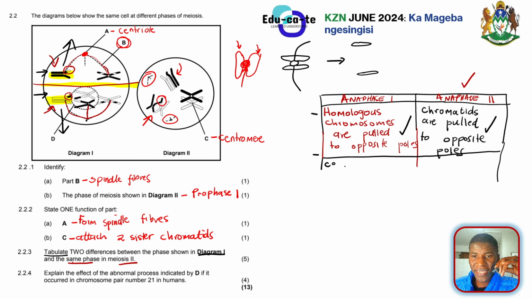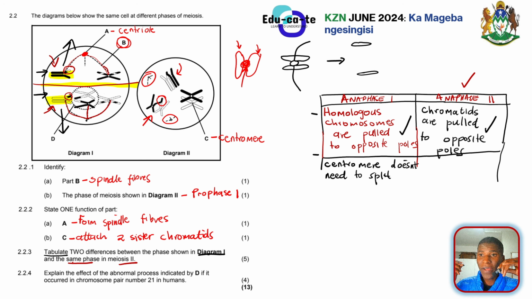So here in anaphase 1, the centromere doesn't have to split. So the centromere does not split, or it doesn't need to split, because basically a whole chromosome is being pulled to the other pole, right? A whole chromosome.